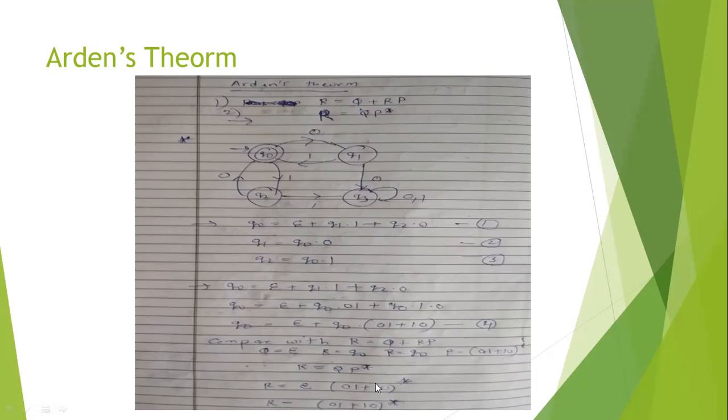This is the final equation for Arden's theorem. Only two equations are important: R is equal to Q plus RP, and R is equal to QP star. Then you form the equations for the different states, compare them with R is equal to Q plus RP, and form the equation again. So this is our final answer: R is equal to (01 plus 10) star. This is all about Arden's theorem.